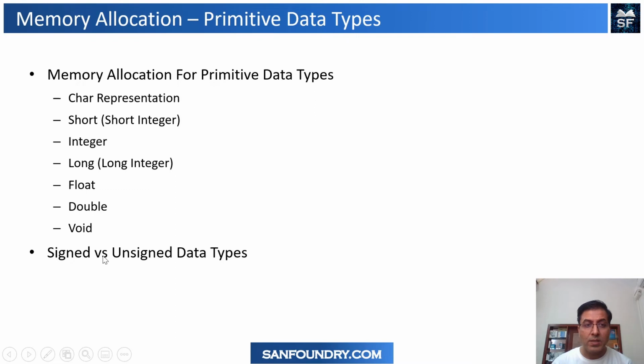However, when you go into the memory for troubleshooting, you must know whether it is a signed or an unsigned value, because the representation and how we deduce those values have a different meaning.